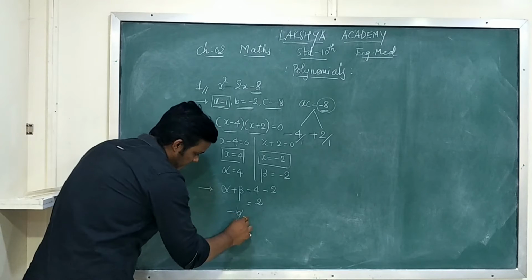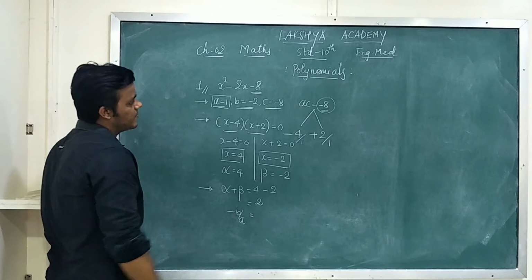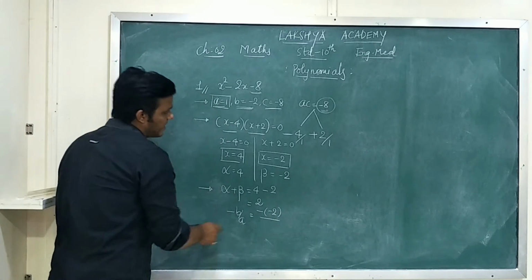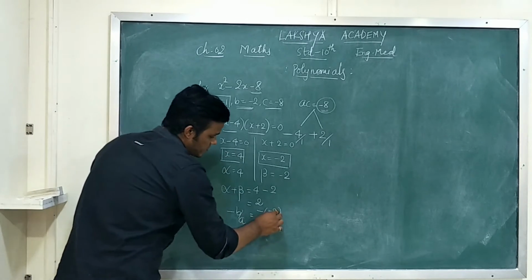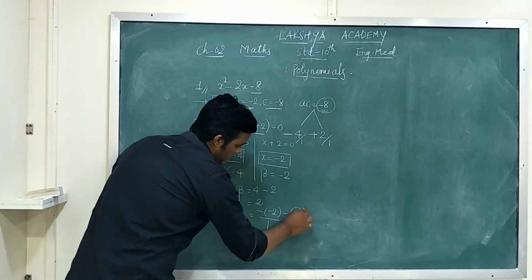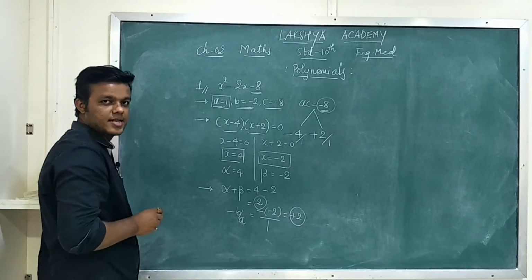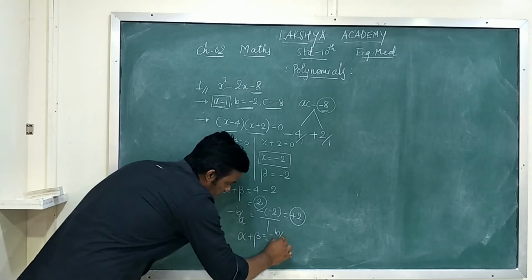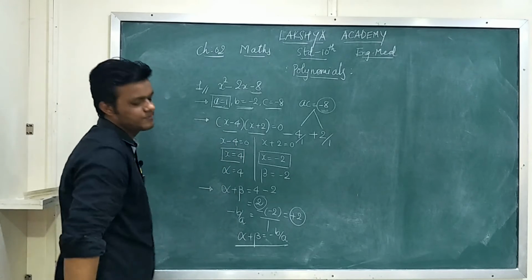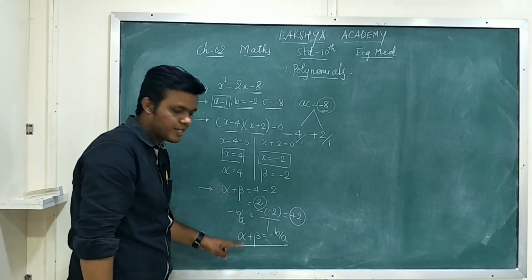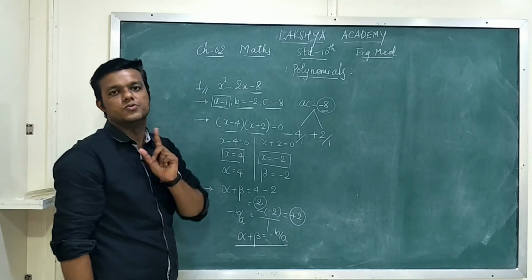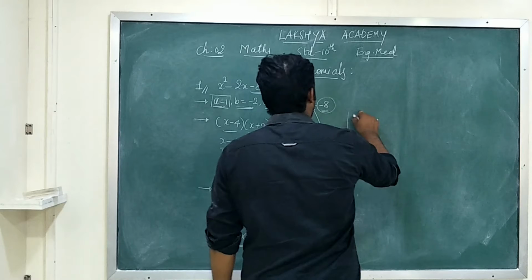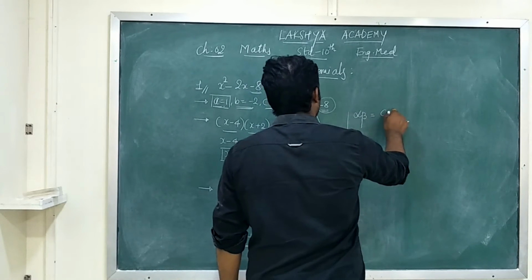And minus b by a: minus b is minus of minus 2, divided by a which is 1, minus minus plus, so plus 2. You can see both the answers are same, so we can say that alpha plus beta equals minus b by a, right? First relationship is true.